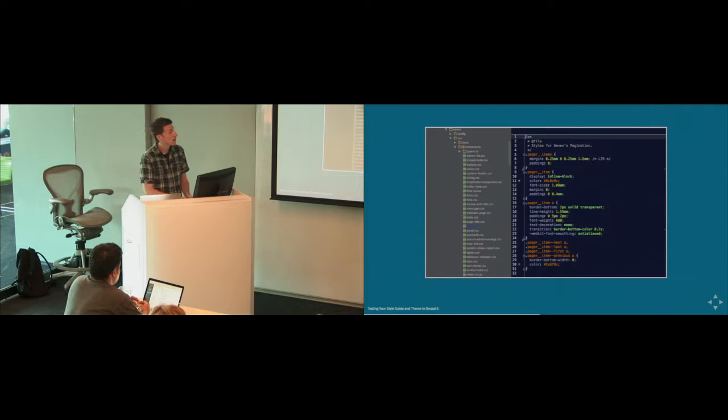Here's a screenshot, again from Seven, of some of those naming conventions being used. Here, the block is the pager, the pager item is the element, and then there are the modifiers for pager item: next, last, first, and previous.